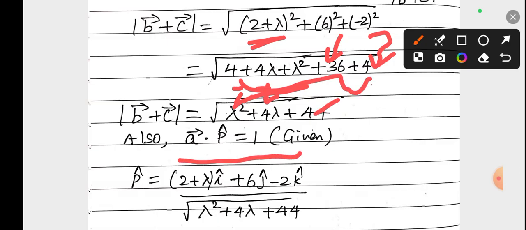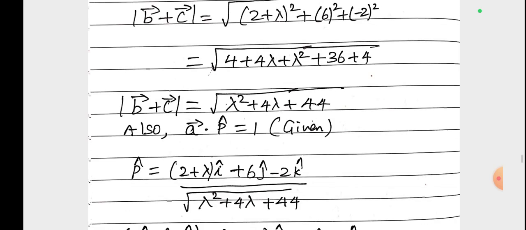Then A vector dot P cap equals 1. How is A vector dot P cap 1? The question itself says the scalar product of A vector and the unit vector along the sum of the vectors. The unit vector along the sum of the vectors is P cap, and that is equal to 1. Again, read the question. We have done the same question in school, in the miscellaneous exercise.